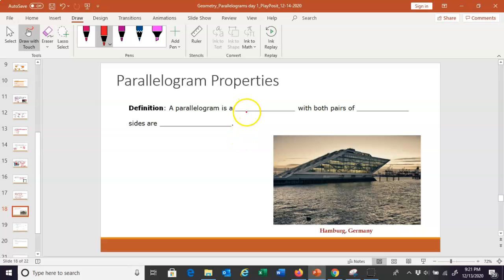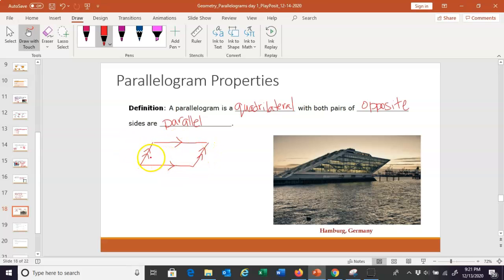So it's a polygon, right? And what's a special polygon? It has four sides, so it's a quadrilateral with both pairs of opposite sides parallel. Hence the name parallelogram. So quick sketch here for you to show. Remember, we use these little arrows to show lines are parallel, and these are also parallel to each other.